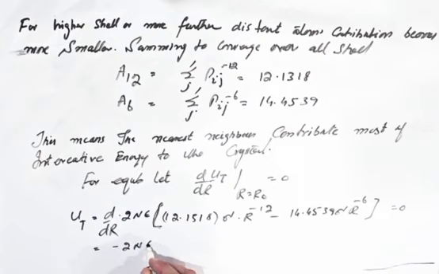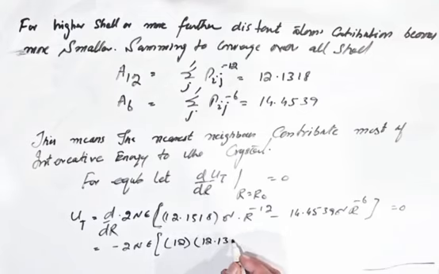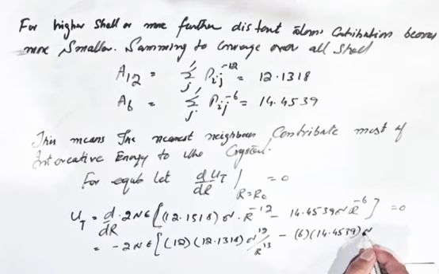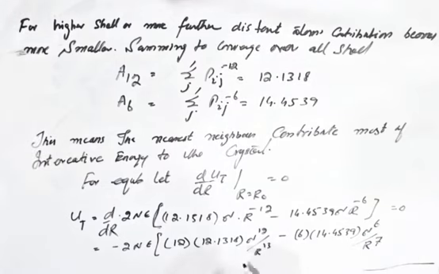So this will be 2Ne [minus 12 times 12.1318 sigma to the power 12 divided by r to the power 13, minus 6 times 14.4539 sigma to the power 6 divided by r to the power 7], which is equal to 0.